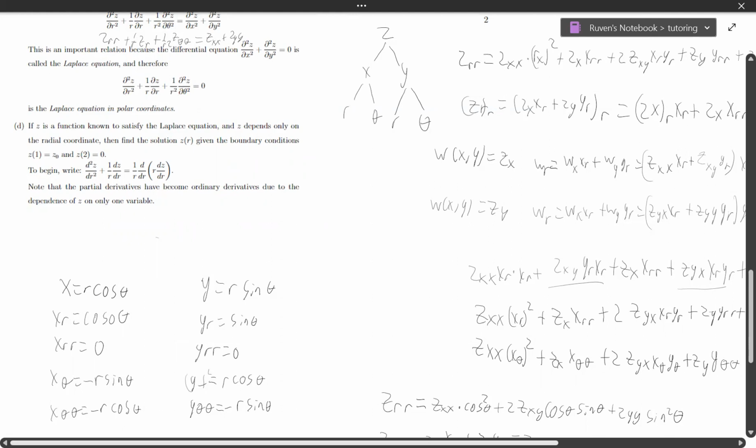R is the only thing you care about, so that's why this disappears, I think. Again, I'm not sure, I didn't really prepare, but look it over, it's not too bad. What you basically end up doing is integrating in terms of r. So over here the dr disappears, and then you solve for your equation.